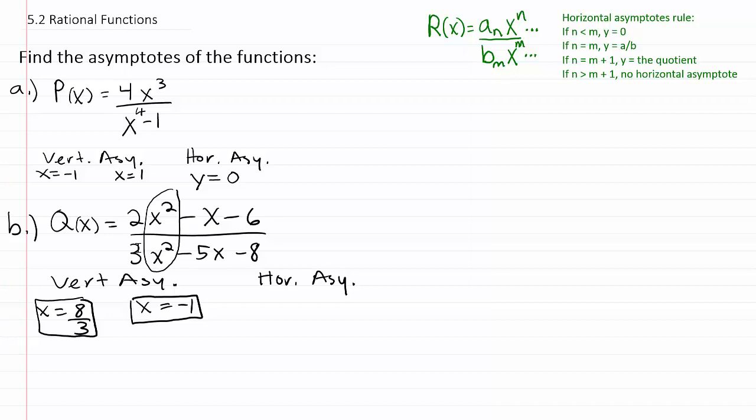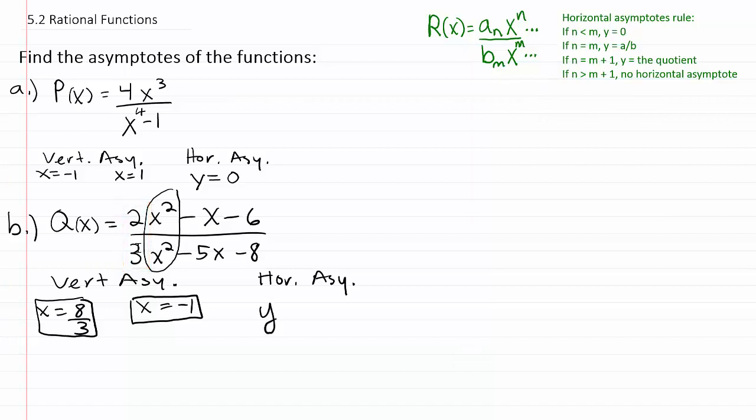If that's the case, then we have a very easy rule, which says that the horizontal asymptote is the ratio of the leading coefficients. In other words, the numbers out in front of those leading terms form a fraction that represents our horizontal asymptote.